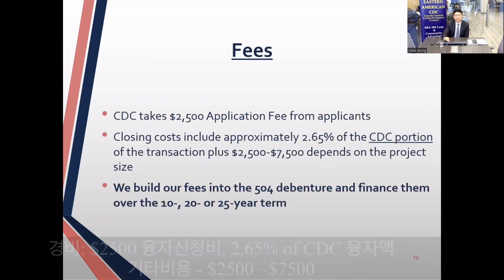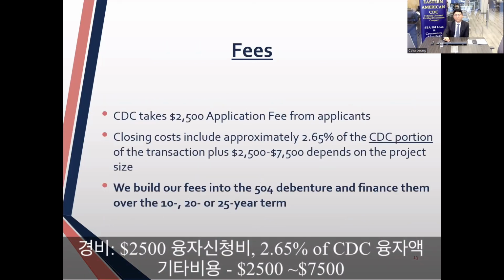Okay, there's a fee. We take a $2,500 application fee from applicants. There's a cost when we do the loan, so we have to charge this fee. But if the loan is declined, then we deduct what we used, and we return the fee to the customer. And there's a 2.65% fee on the CDC portion.